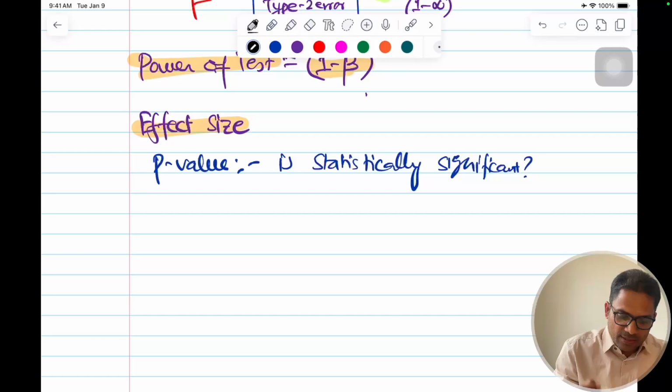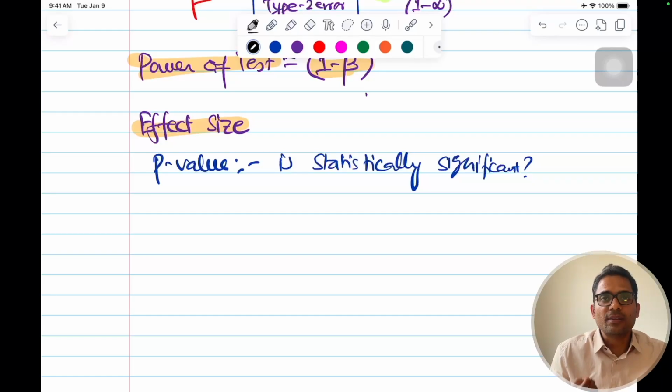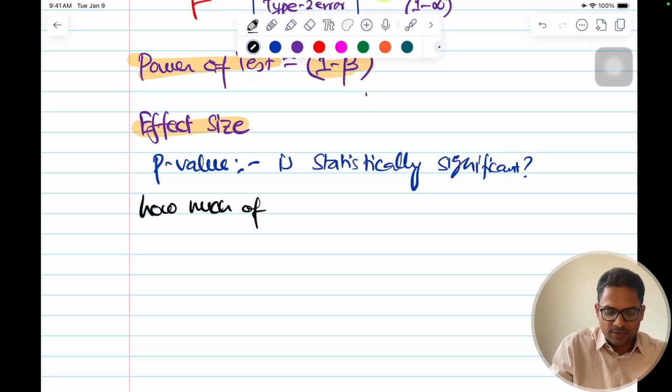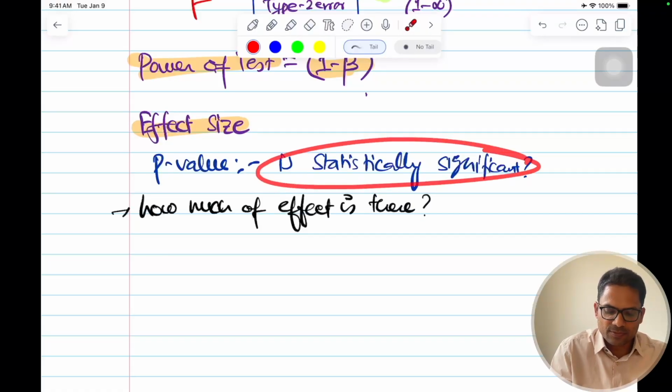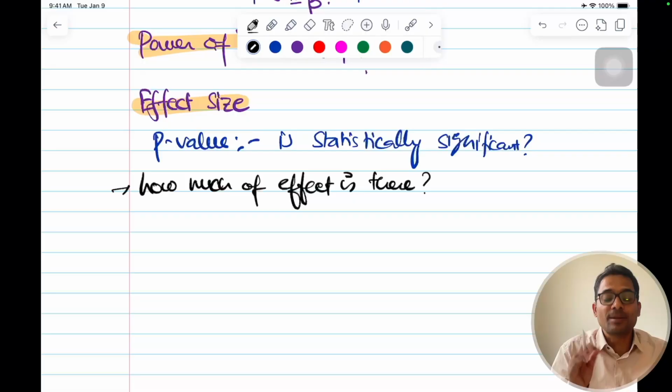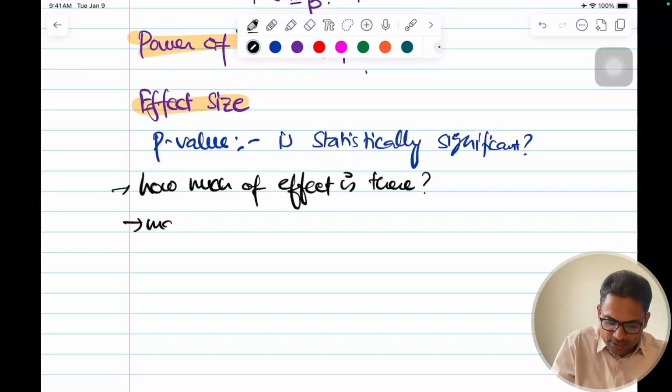So effect size captures how much of an effect there is. The p-value just tells that there is some difference, whether it's significant or not, but this tells the magnitude.